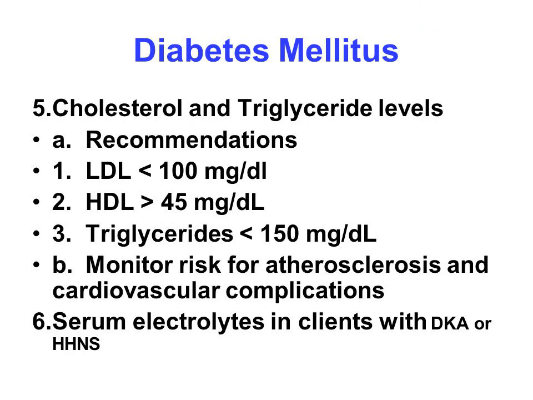LDL less than 100 mg/dl. 2. HDL greater than 45 mg/dl. 3. Triglycerides less than 150 mg/dl. B. Monitor risk for atherosclerosis and cardiovascular complications. 6. Serum electrolytes in clients with DKA or HHNS.